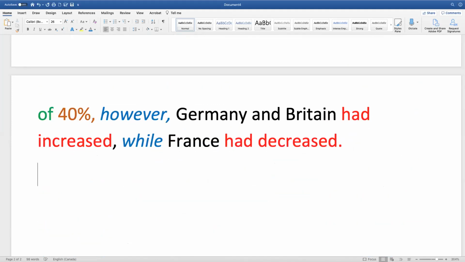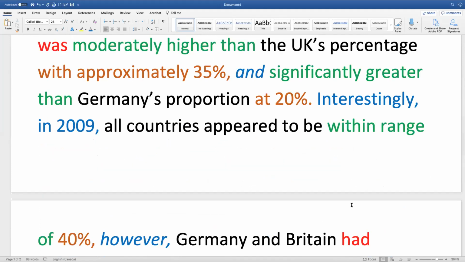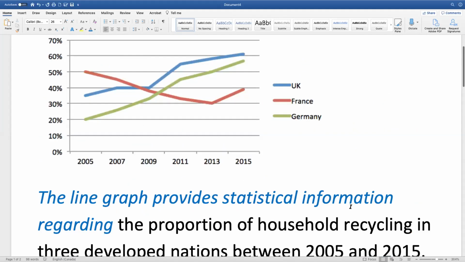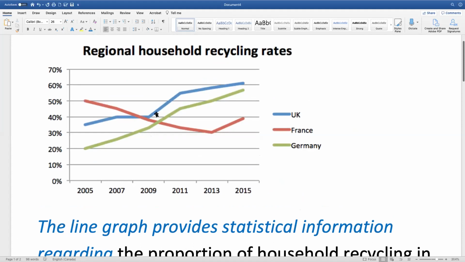As you talk about 2009, saying that all those countries appear to have the same range of something like that, the way you are talking, you are saying the range of 40%. However, Germany and Britain were increasing. So for me, it looks like the same time, the same year, but after that time we can see the increase or the decrease appear.